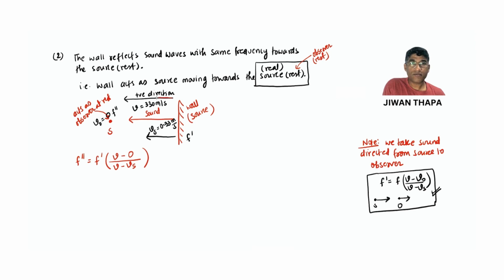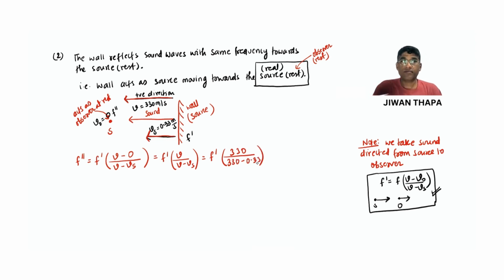This is the positive direction, and we can see v naught and vs are positive. So we have f dash times v divided by v minus vs. Now let us find this. So f dash times 330 divided by 330 minus 0.33.